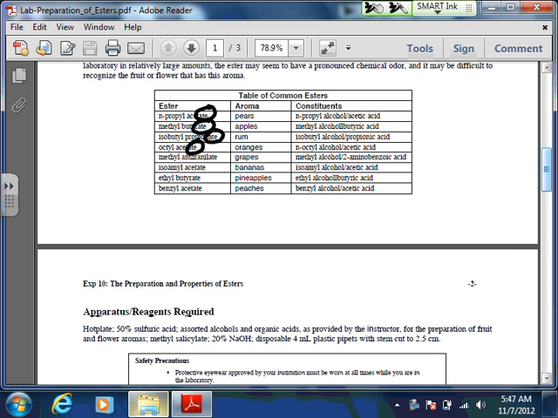So you get the idea there. If you see that ate on the end of it, then that is a hint to you that that might be an ester.